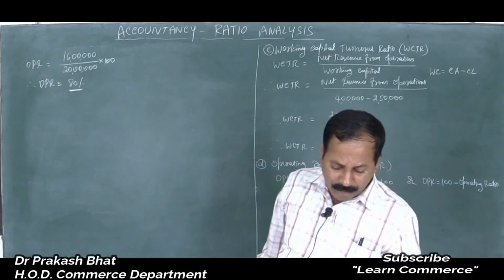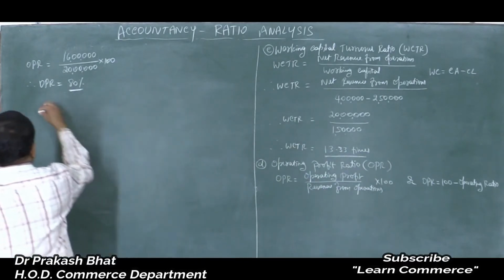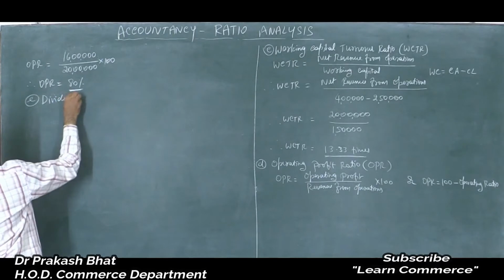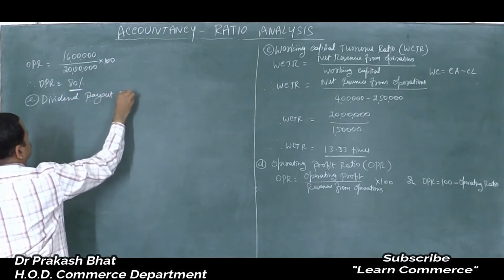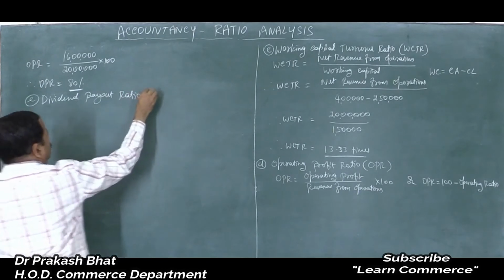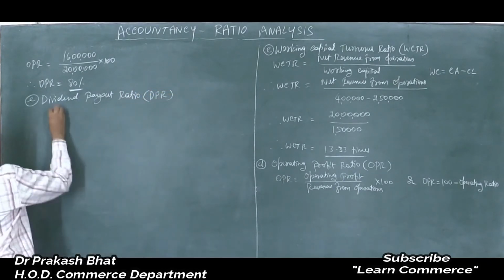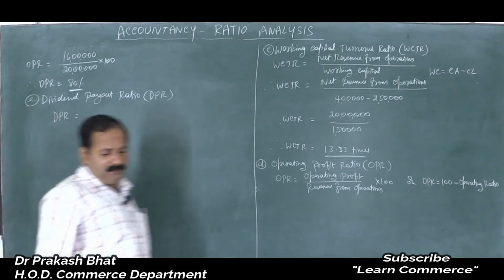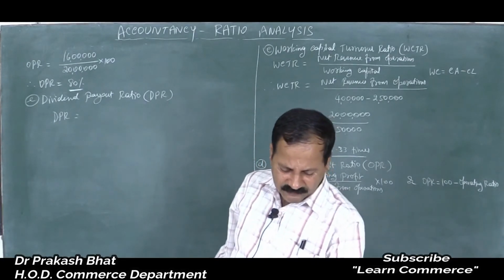Now, moving on to the fifth one, point E, dividend payout ratio. DPR, dividend payout ratio. DPR is equal to, I'll write the formula first.